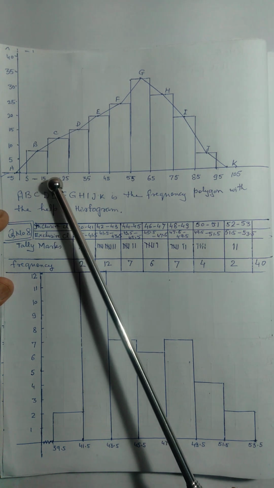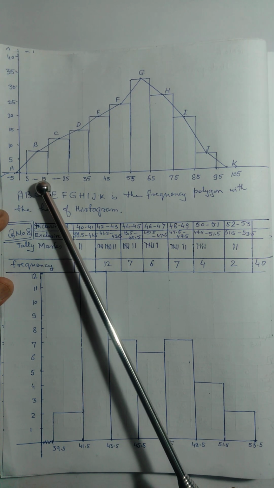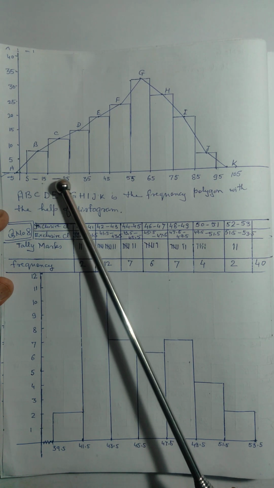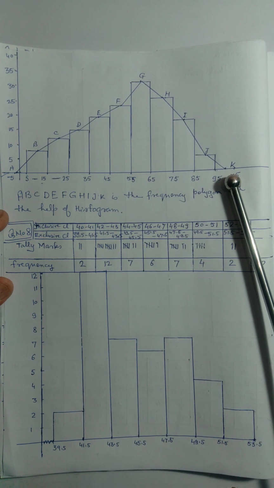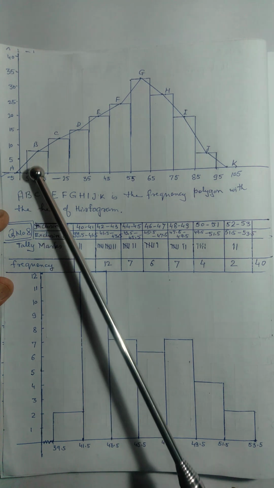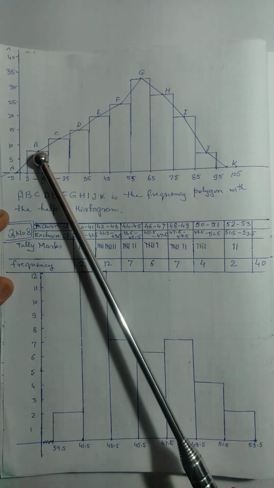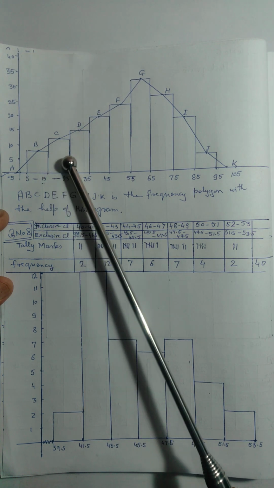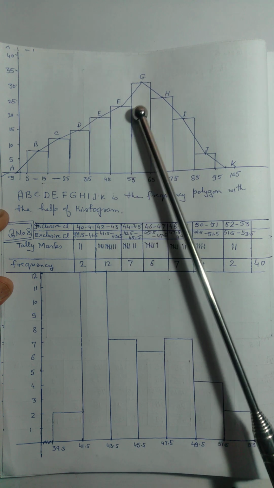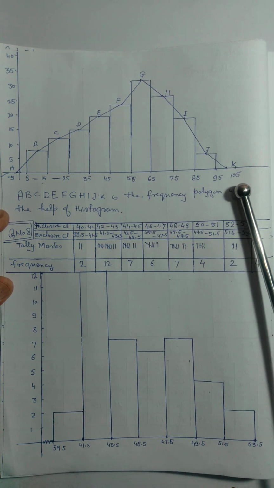In that case, the class mark is represented along the x-axis, and we find out the points B, C, D, E, F, G, H, I, and so on.